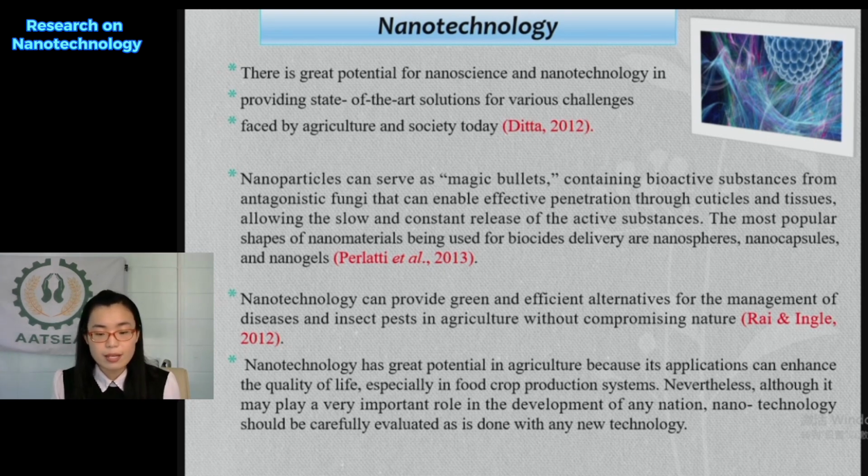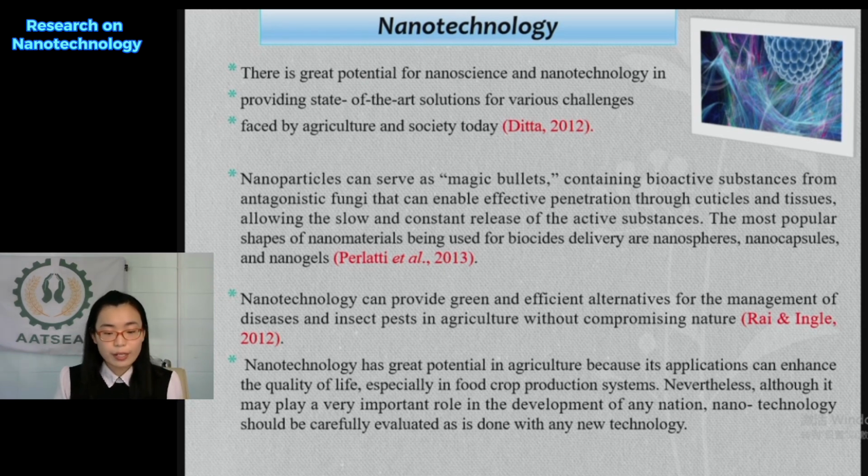Nanoparticles can serve as magic bullets containing bioactive substances from antagonistic fungi that can enable effective penetration through cuticles and tissues, allowing the slow and constant release of the active substances. The most popular types of nanomaterials being used for biocide delivery are nanospheres, nanocapsules, and nanogels.